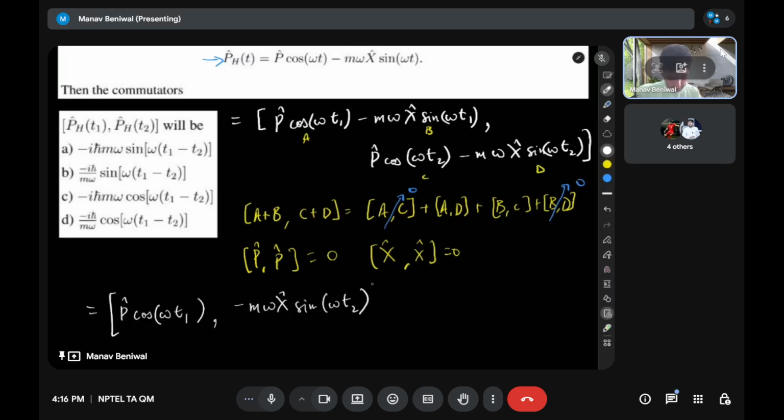This will be the first commutator, and similarly we will have the second one, where we have m omega x sine omega t1 and its commutator with p cos omega t2.